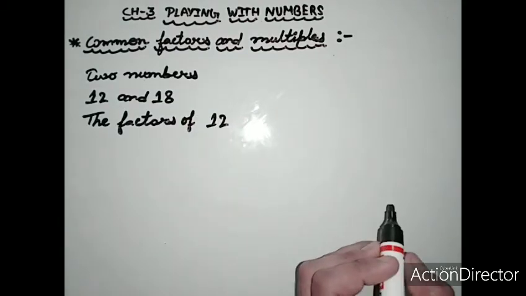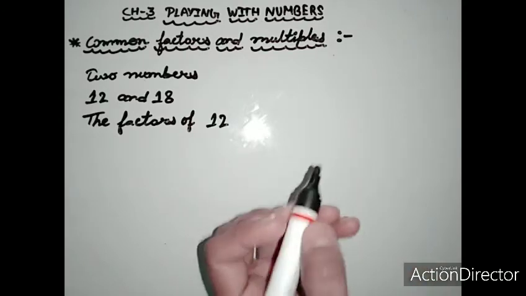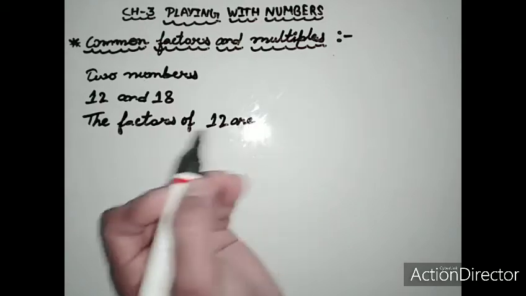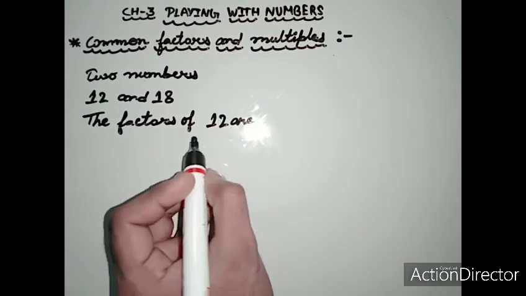So what are the factors of 12? First we find the factors of 12. We write how many times 12 comes in a table.